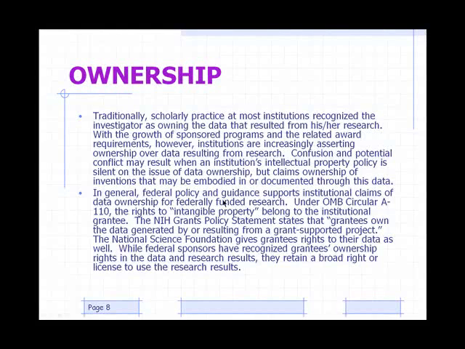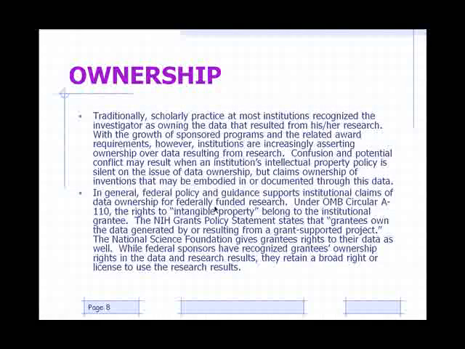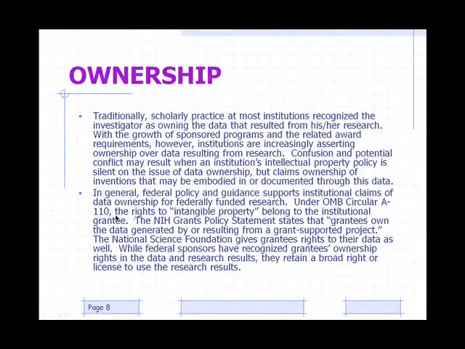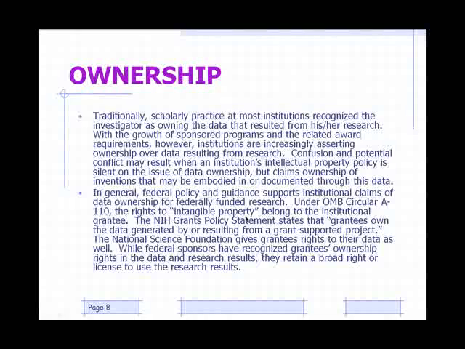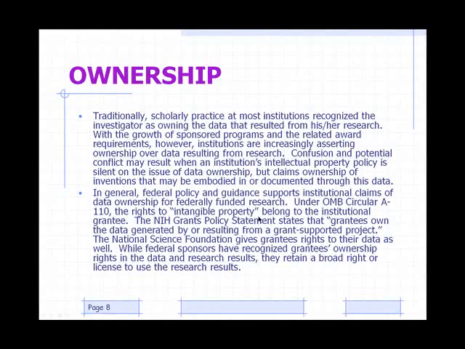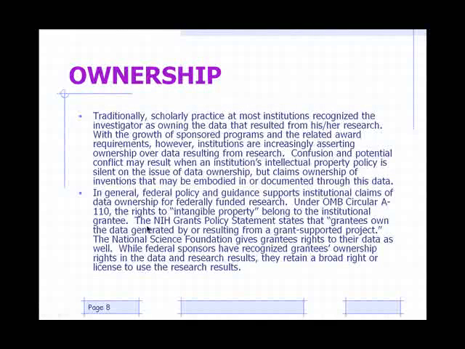In general, federal policy and guidance supports institutional claims of data ownership for federally funded research. Under OMB Circular A-110, the rights to intangible property belong to the institutional grantee. So the institution, not the individual PI.